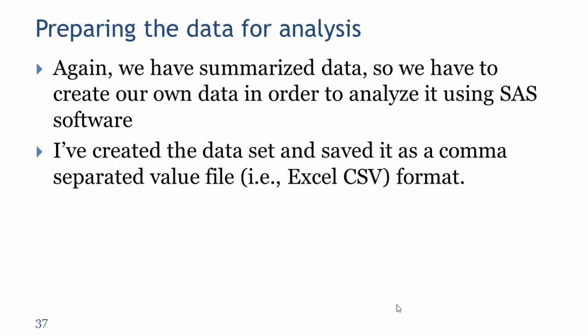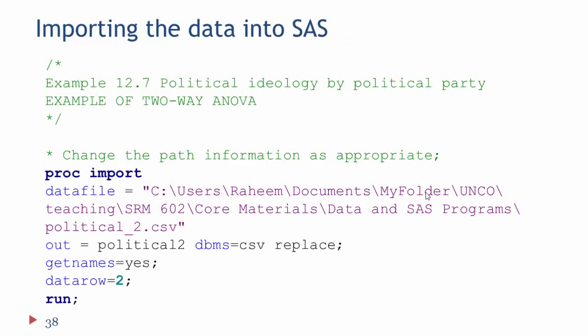We have to prepare the data for analysis. I have created the data set and saved it in CSV format, and we'll import that data into SAS, with the same SAS code. Here we have the second data set, which is political_2, and then we are creating a SAS data set and naming it political2.